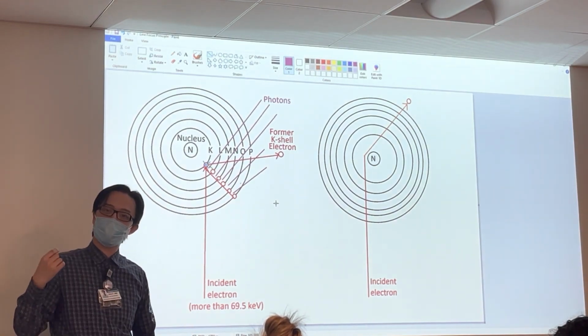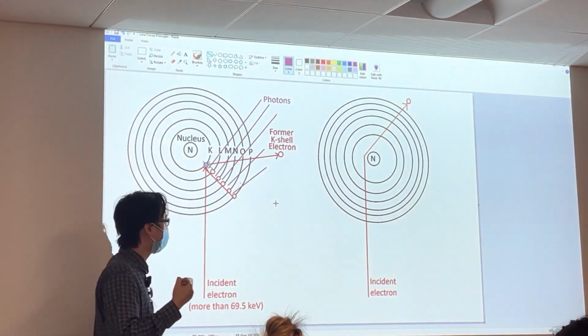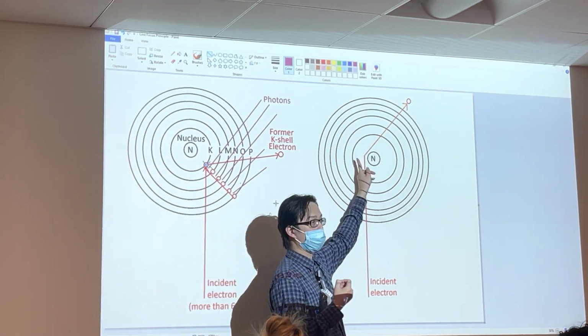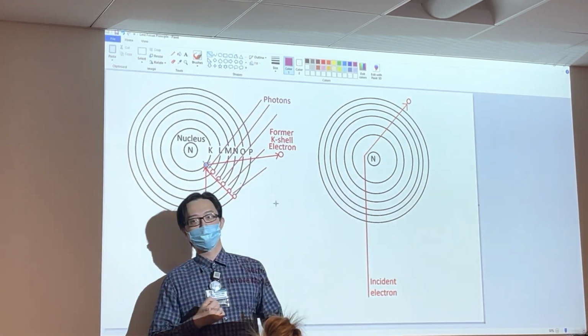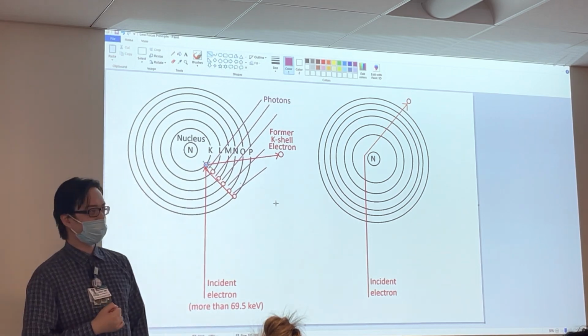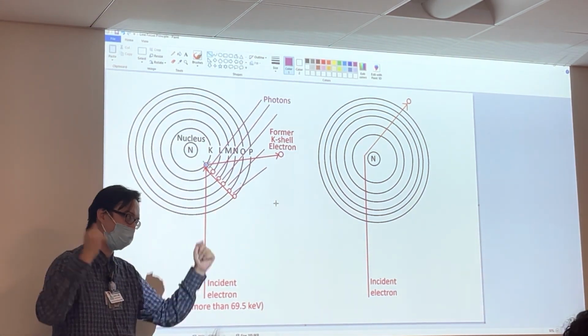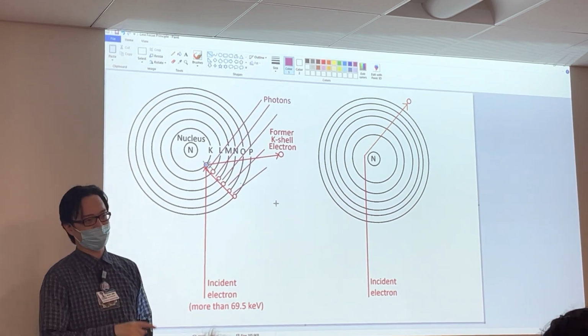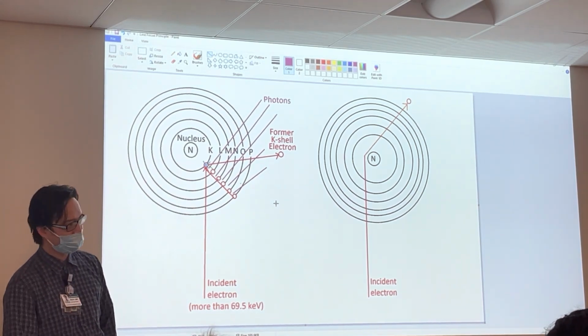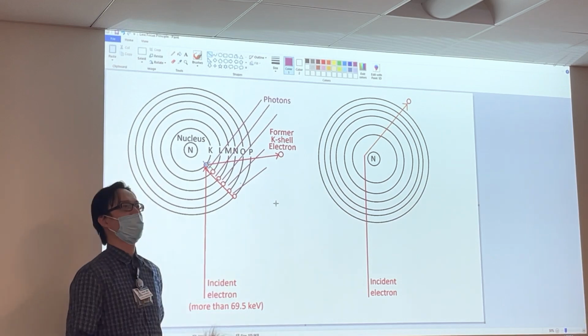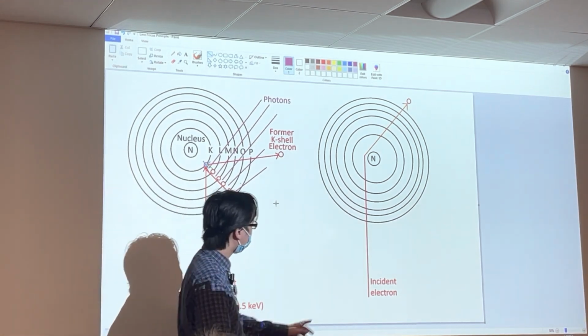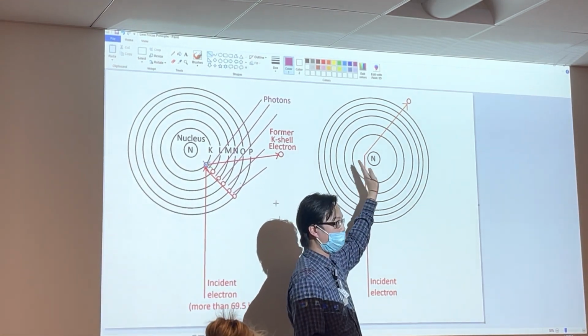So what is that energy being converted to as the electron slows down? A photon. It's a packet of energy. If I ever ask what is a photon, you answer packet of energy.